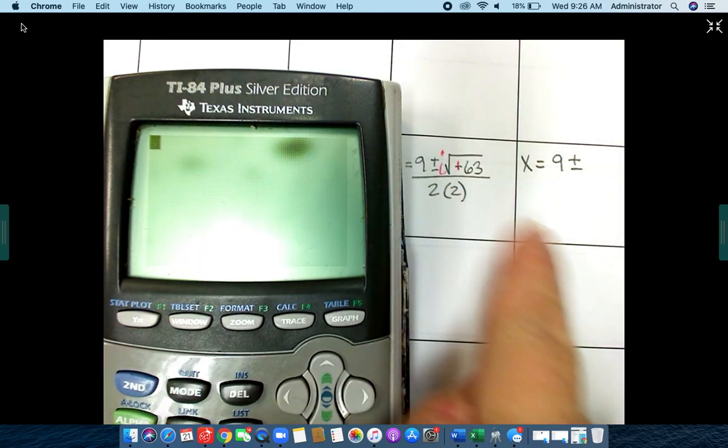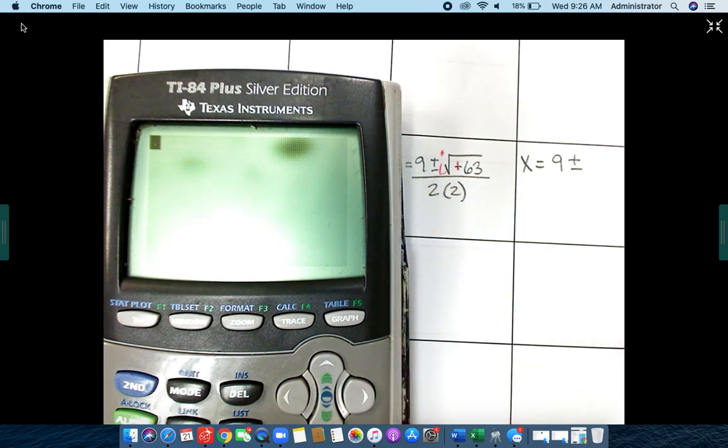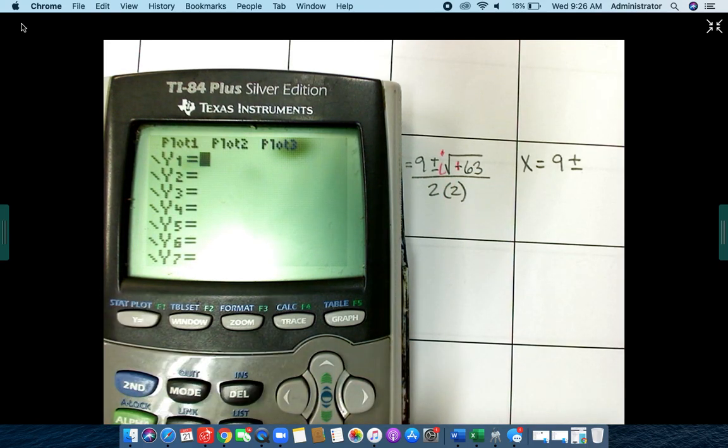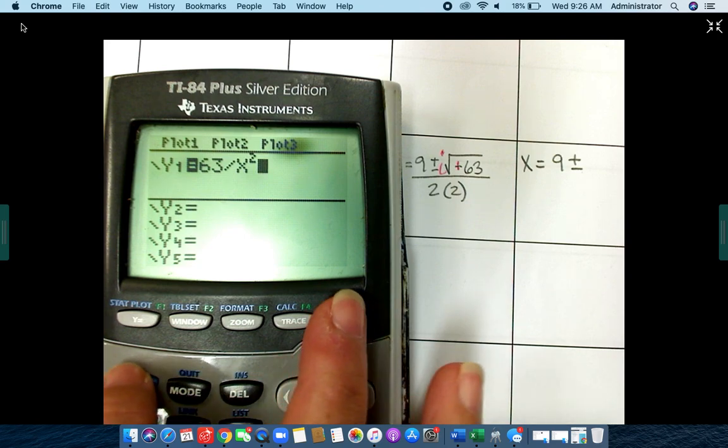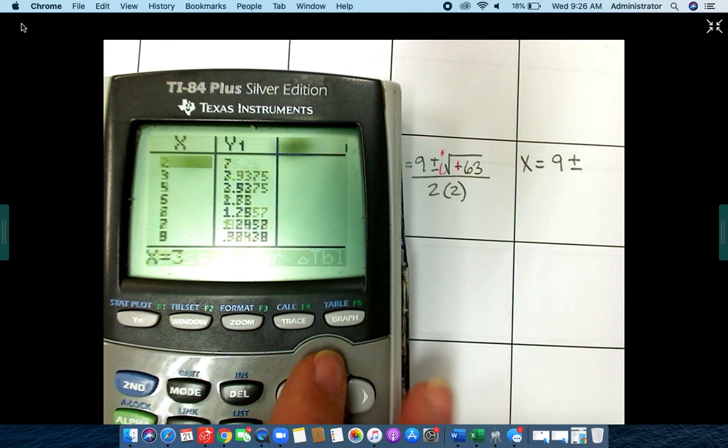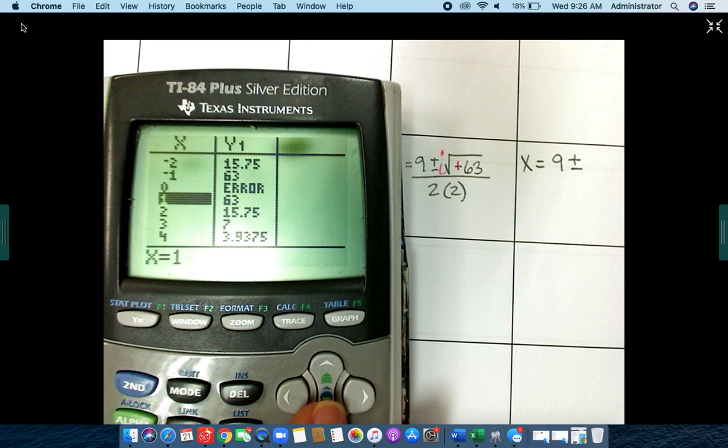And then to see if I can simplify the square root of 63, remember we go to y1, type in the radicand, positive radicand by the way, divided by x squared, and we're looking on our table for the last integer ordered pair. So for 63, I see 3 and 7, and that's it.